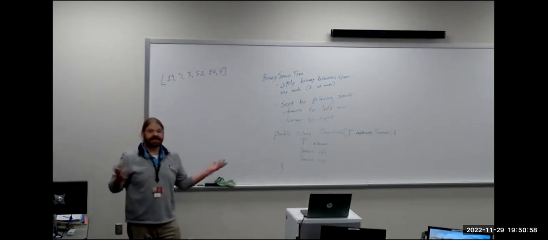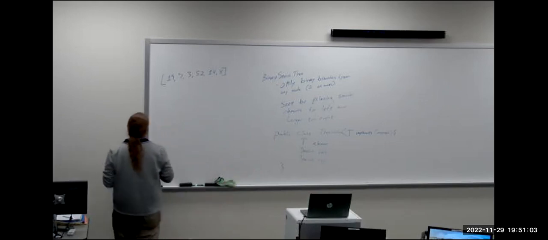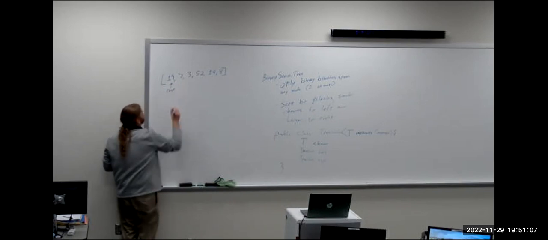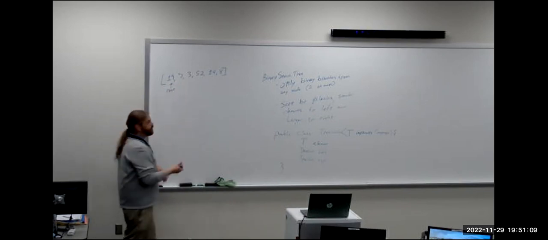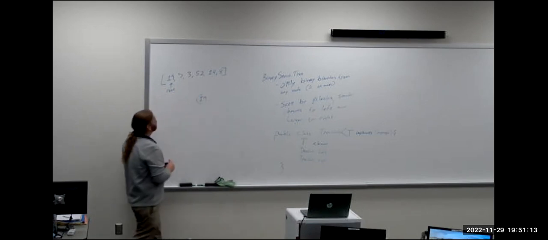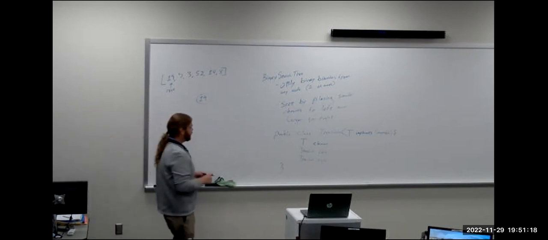So that's our data points. And we need to put it in a list. So we'll just pick the first one to be the root. So 19 is going to be our root. And then we'll go through our list and just add whether that's left or right.